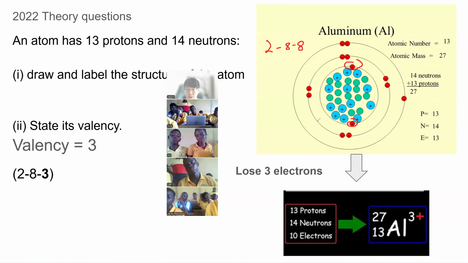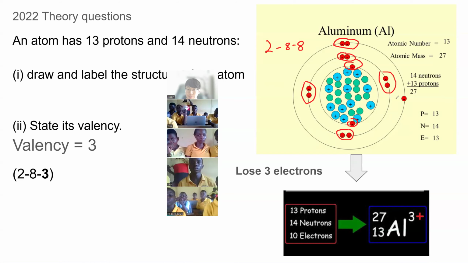Let's move on to the second electron shell. We fill up 8 here as well. And we have used 10 electrons so far. We have 3 more electrons to go. So on the third shell, we fill up 3. 1, 2, and 3.